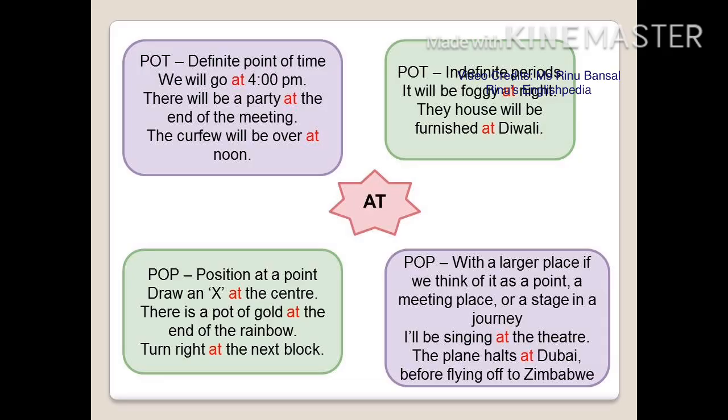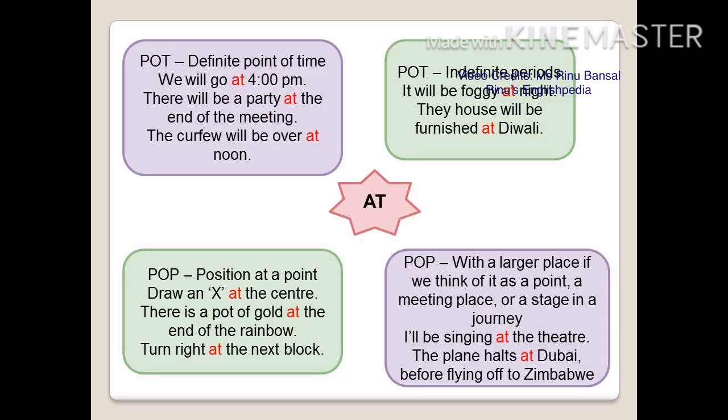As a preposition of place or position, at denotes a position at a point. In the sentence, draw an X at the center, we are talking about a particular position, that is the center, and it is at this particular position that we need to draw an X. In this sentence, there is a pot at the end of the rainbow.